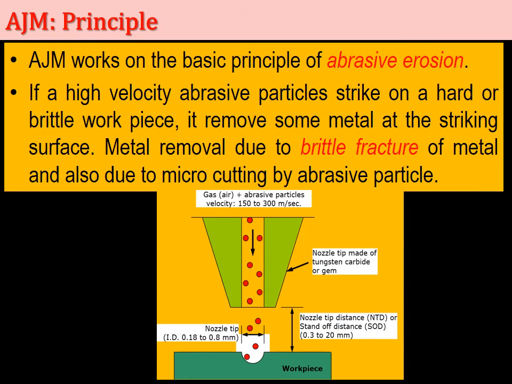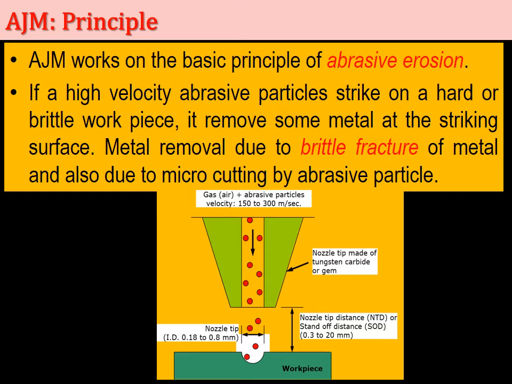The principles. Each and every process has its own principles, because each process uses a different type of energy to remove the materials. In the abrasive jet machining process, we use mechanical energy to remove the materials from the metals.